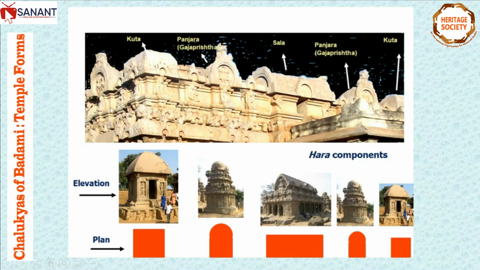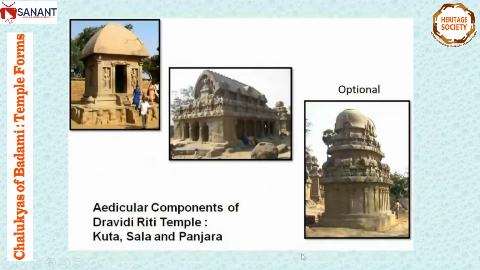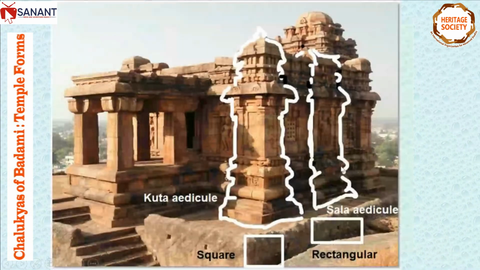The plans are also given here, square, apsidal, and rectangular. So these are the edicules used for the Chalukyan temples, South Indian type temples. This being optional, that is the Panjara or apsidal temple form being applied in a complex temple of the South Indian variety. It is an optional one.